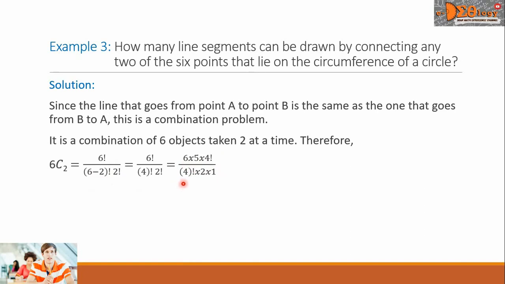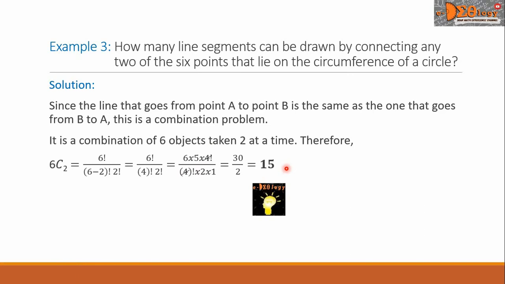In our denominator, we will keep the 4 factorial as is. Then let us simplify the 2 factorial into 2 times 1. We can now cancel the 4 factorial in the numerator and in the denominator. So here we go. In the numerator, we have now 30 over the denominator, which is 2. And the quotient will give us 15. This is the final answer.